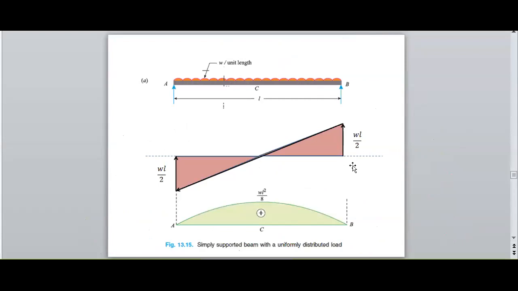Substituting x is equal to 0, RB will be existing in the upward direction.